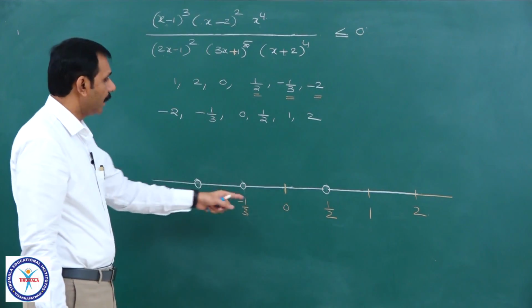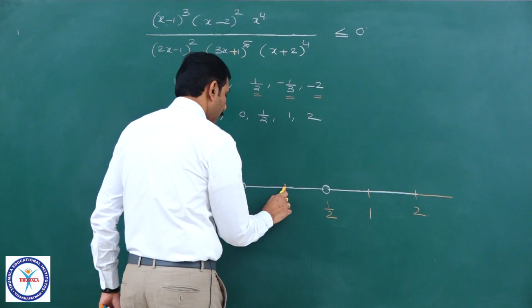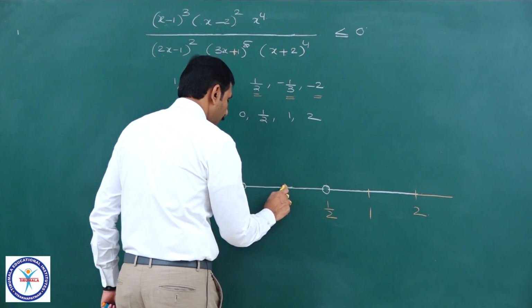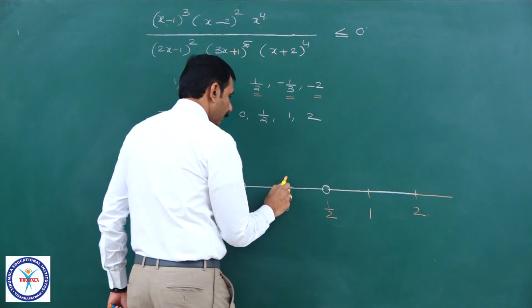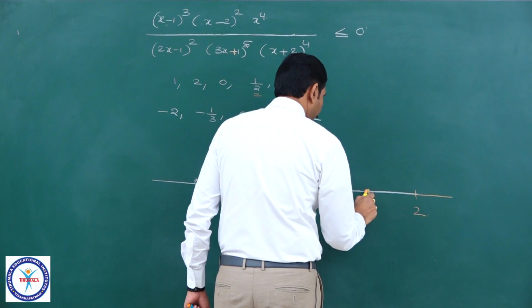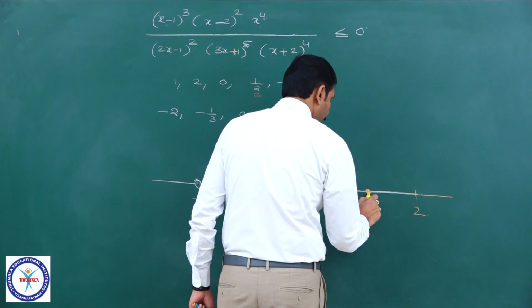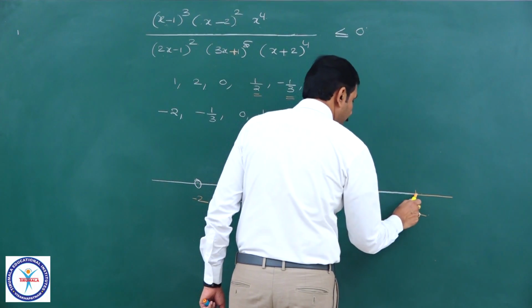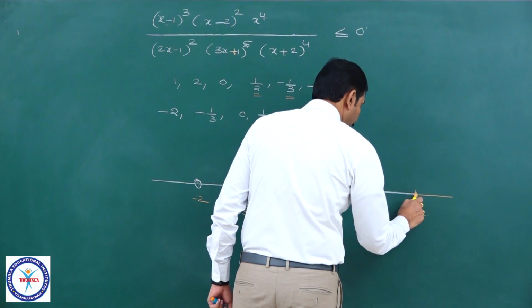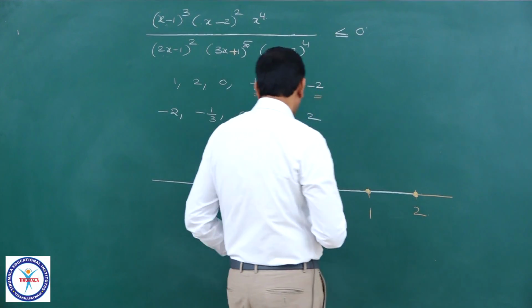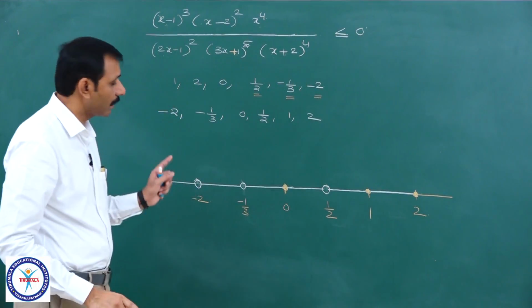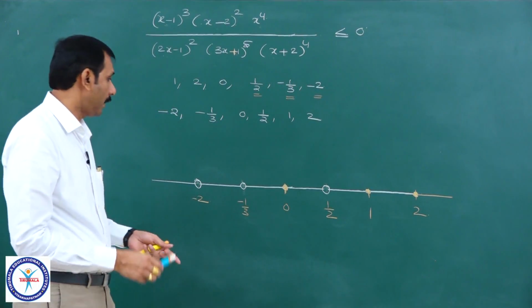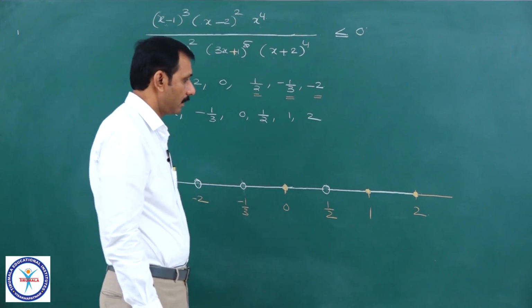And the remaining are zeros of the numerator, which should be dark circles. What is the meaning while writing the solution? If equal to 0 is there, then these dark circles can be included, should be included, and open circles should not be included. That is the meaning. To distinguish between them, I am writing open circles and dark circles.